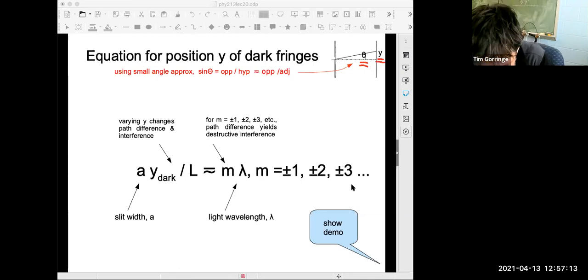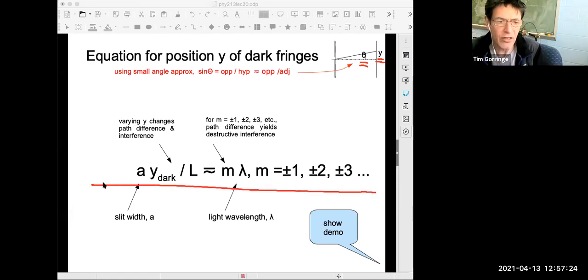And so, again, it's just a bit of geometry, and it's a bit of approximate geometry that works when the angle theta is small. You rewrite that equation like so. Again, this relates the slit width, the wavelength of the light, the distance to the screen, and now the position on the screen rather than the angle to the screen. And so sometimes we will use this equation.